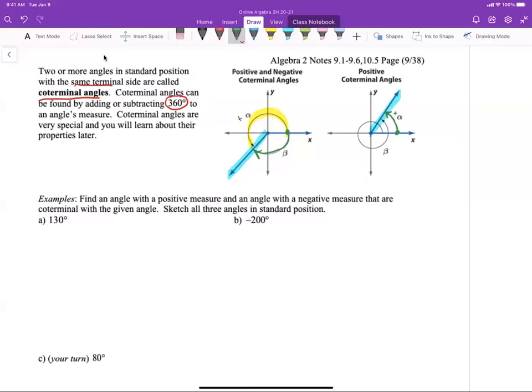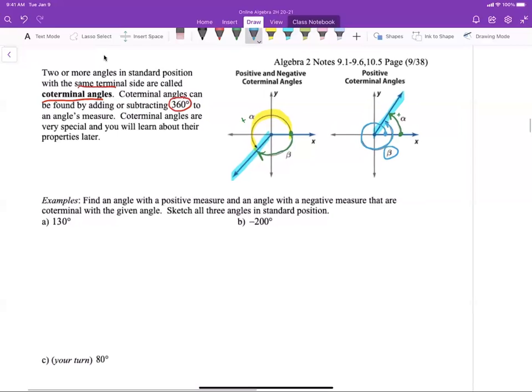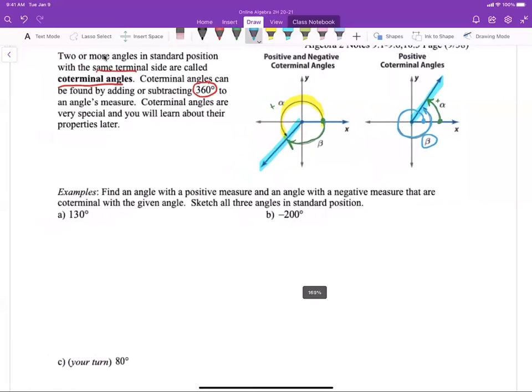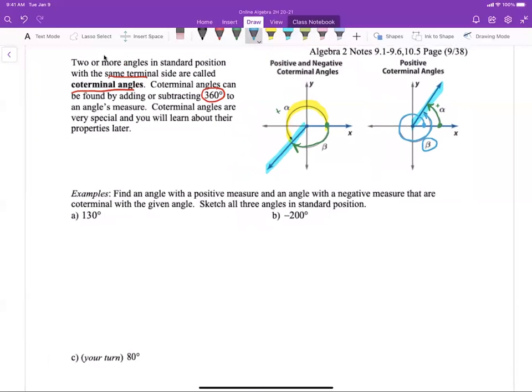And I could also then start again at my positive x-axis, go a full 360, and then add another, whatever that degree is, and have another angle called beta. And those again have a common terminal side, and therefore beta and alpha in that situation are considered coterminal angles.